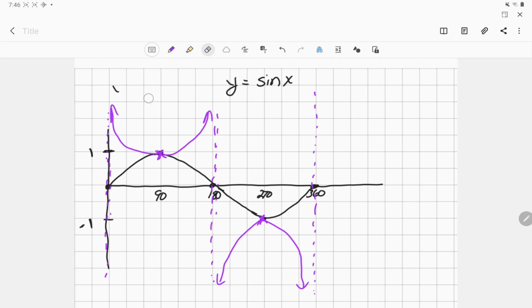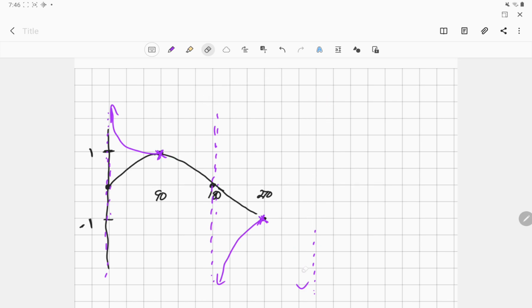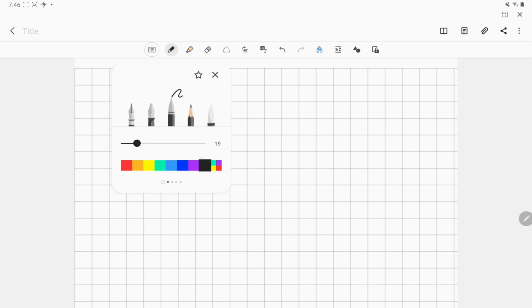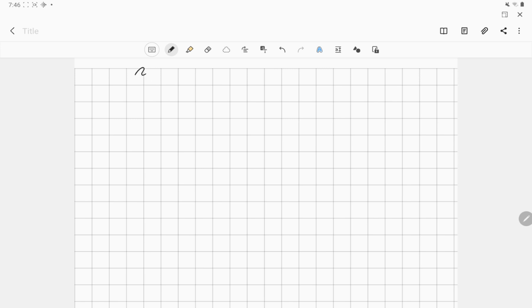Doing a secant graph would be exactly the same. Would be no different at all. And so, again, if I were to draw y is equal to cos x, I would use the same scale.